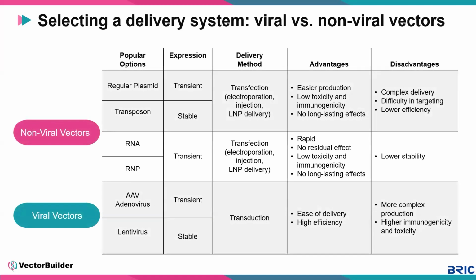Both have plenty of popular options, and both have options where transient, temporary expression is possible and also more long-term stable expression is possible. Whether you choose a non-viral vector or a viral vector again depends on your experimental needs.